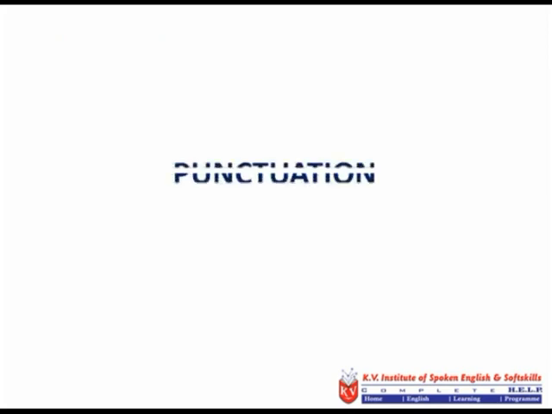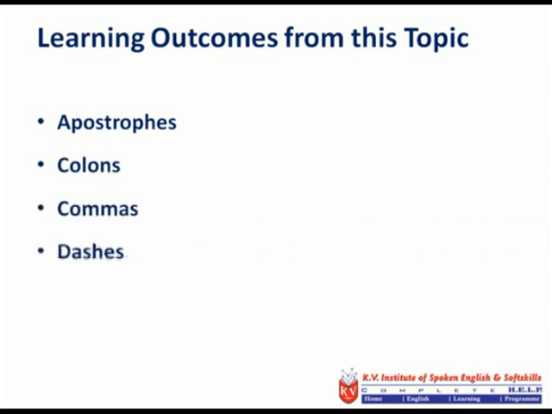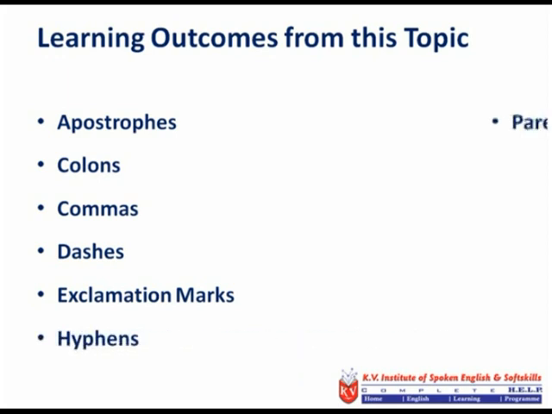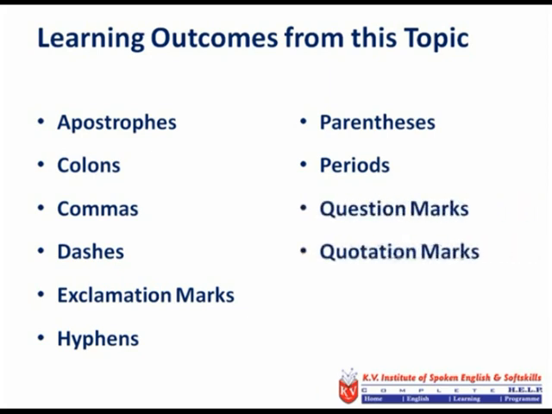Now, let's go to our next topic, punctuation. You'd be able to learn from this topic punctuation symbols such as apostrophes, colons, commas, dashes, exclamation marks, hyphens, parentheses, periods, question marks, quotation marks, semicolons, and slashes.